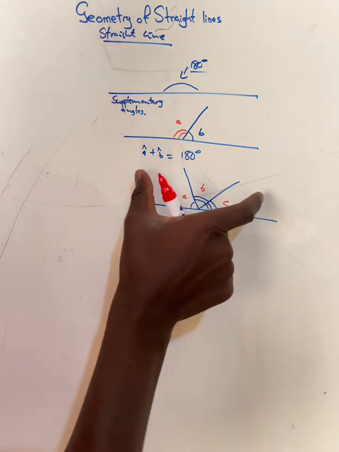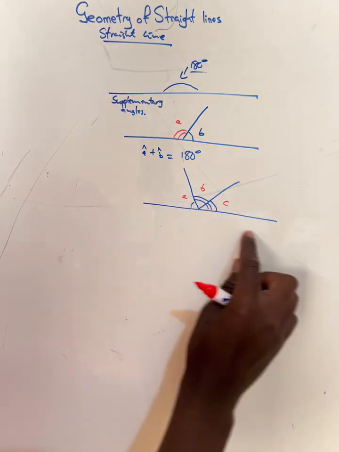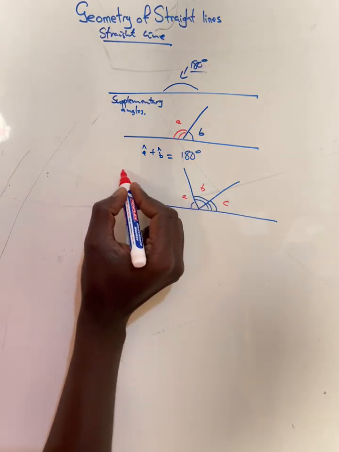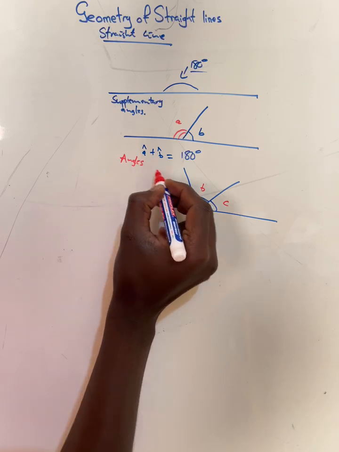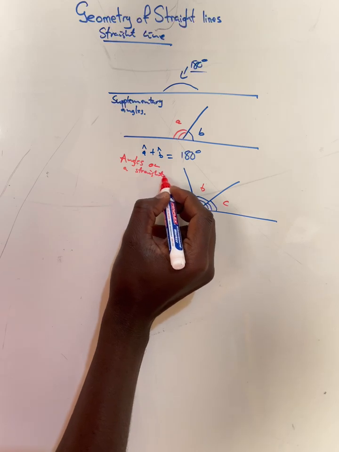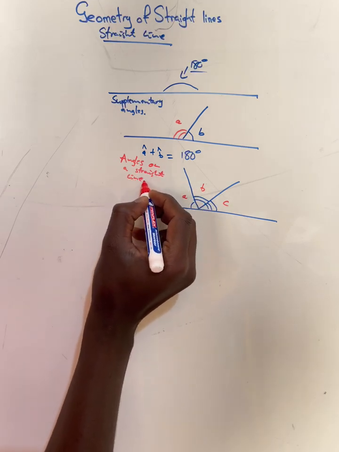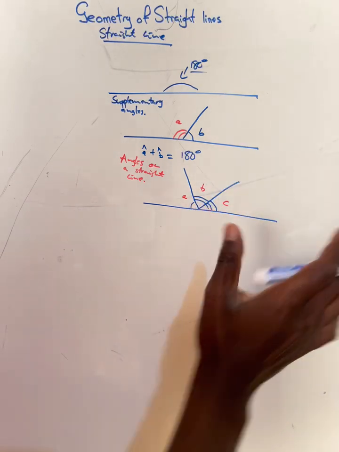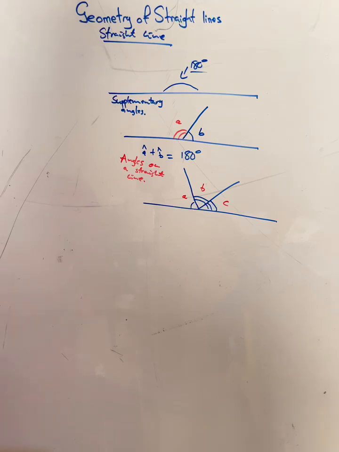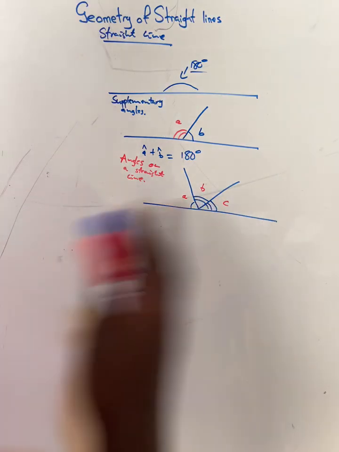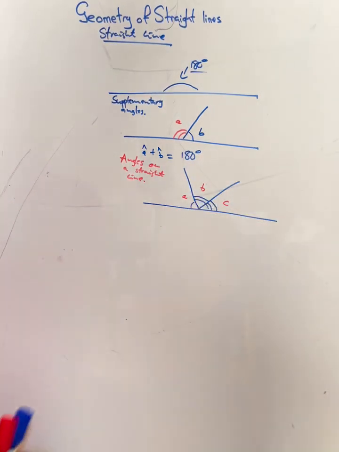Now, the moment you have got more than 2 angles on a straight line, then we call that angles on a straight line. So if this straight line has 4 angles formed, it will be known as angles on a straight line. Supplementary angles are when you have 2 angles only. The moment you have got 3 or more, they are known as angles on a straight line.